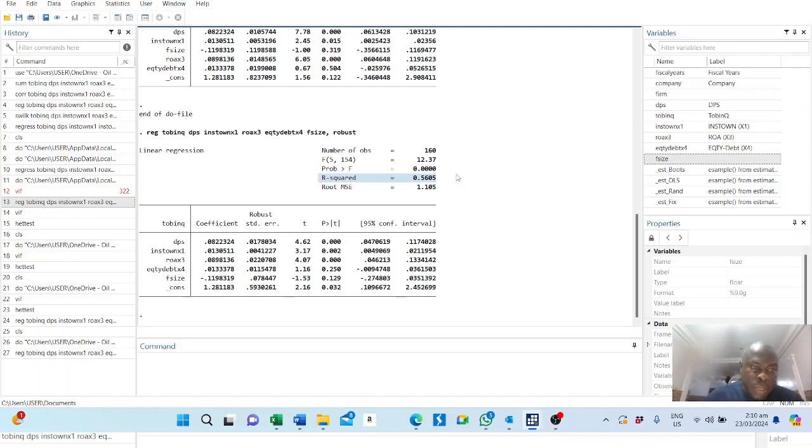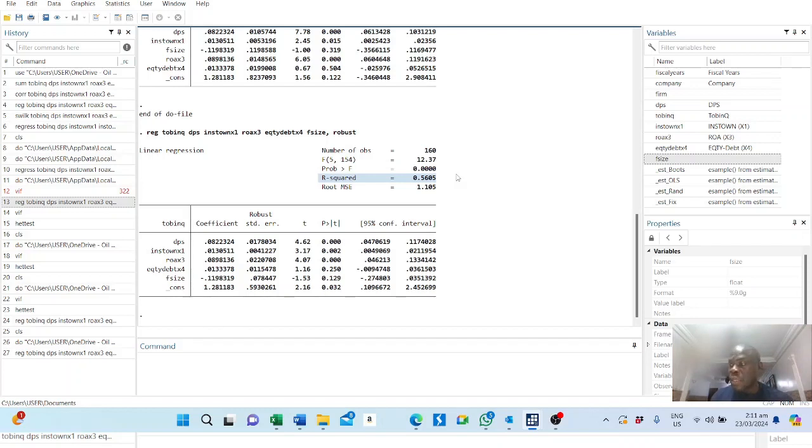Equity debt ratio is positive, but there's no statistical significance. The firm size is negative, and it is statistically not significant. Those are the interpretations of the robust OLS that was conducted.